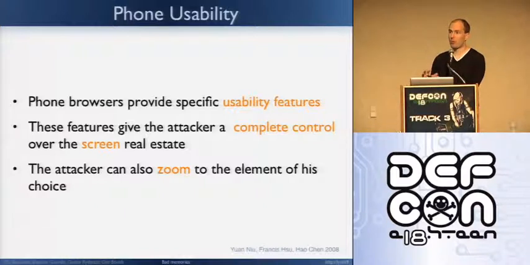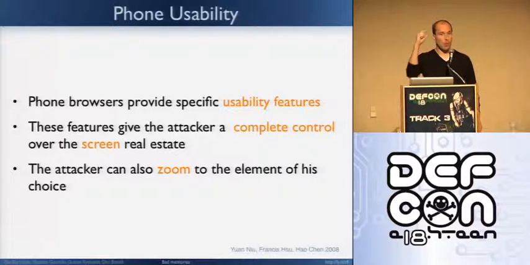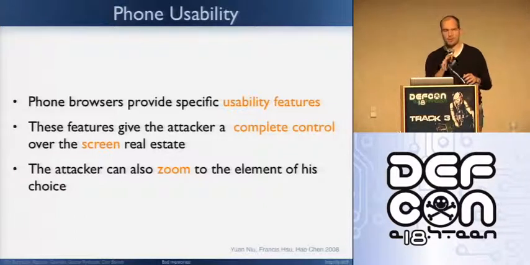The screen is so small that what you try to do is to maximize the space which is used for display. And this actually conflicts with something we have been used to for almost 20 years now, which is the idea that all the security indicators you have in your browser are located on the top of it, which is what we call the Chrome, the privileged part of the browser.